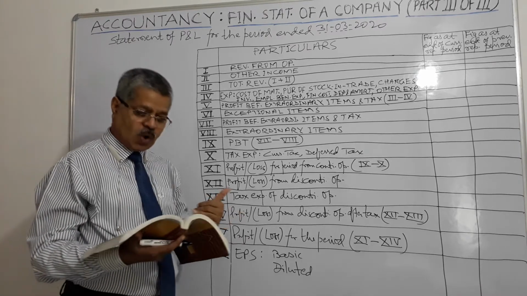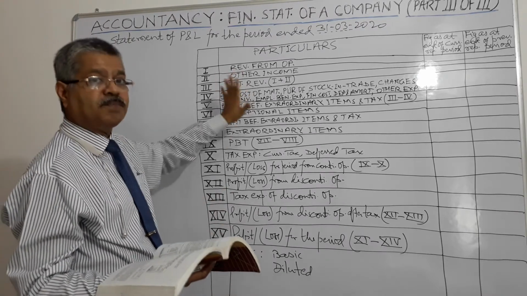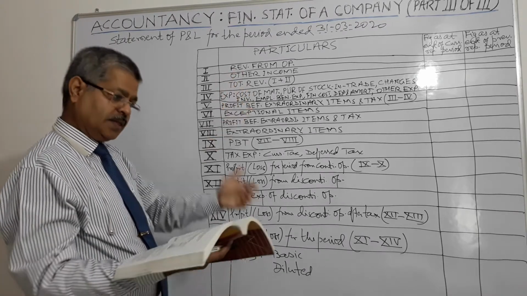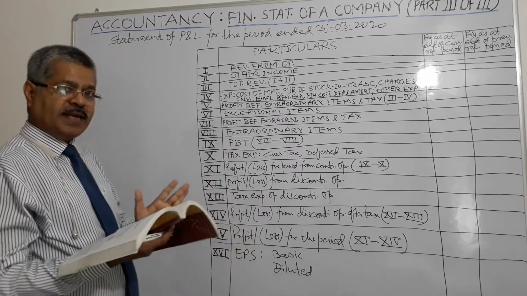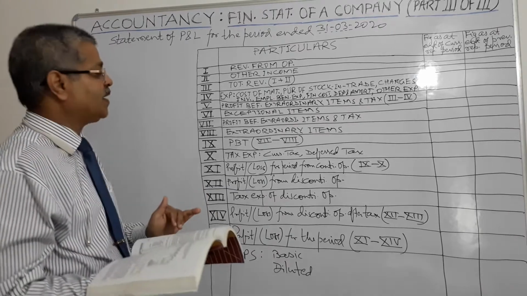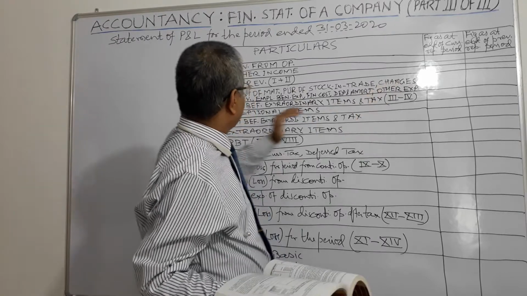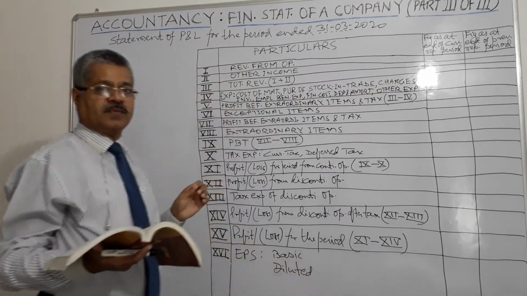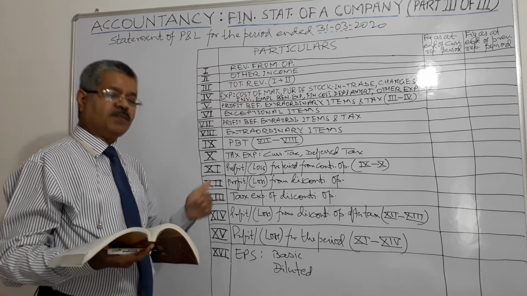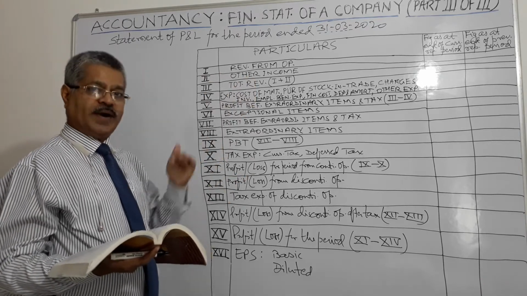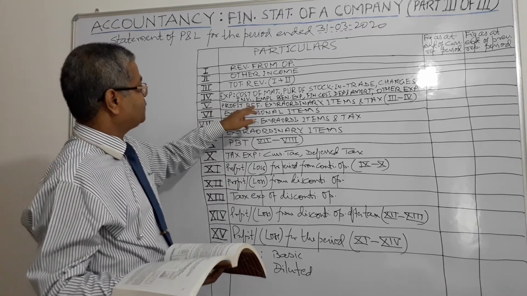Those goods don't undergo any manufacturing process in this company. They are bought and sold. Purchase of stock in trade, changes in inventories, changes in the opening and closing position of raw materials, work in process, finished goods, that will come.